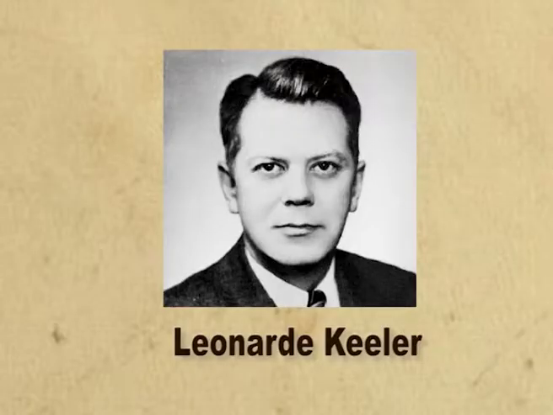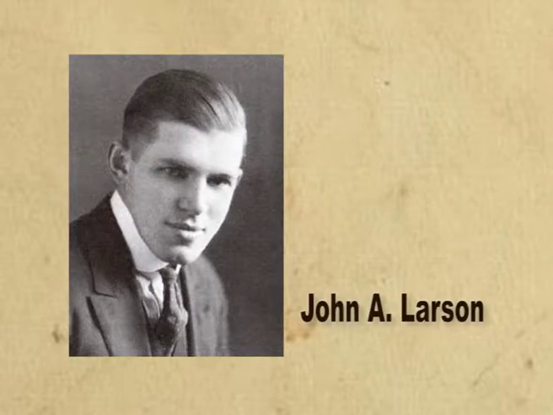In 1925, Leonarde Keeler, who had gained first-hand experience in polygraph interrogations as a result of working with John A. Larson at the Berkeley Police Department, worked to devise a polygraph that used inked pens for recording the relative changes in a subject's blood pressure, pulse rate and respiratory patterns, thus eliminating the need for smoking the paper and then preserving it with shellac.